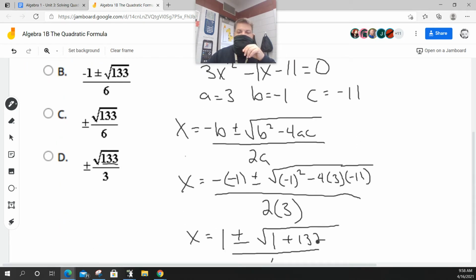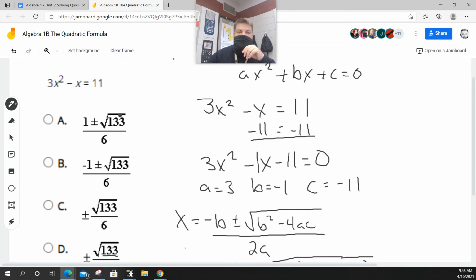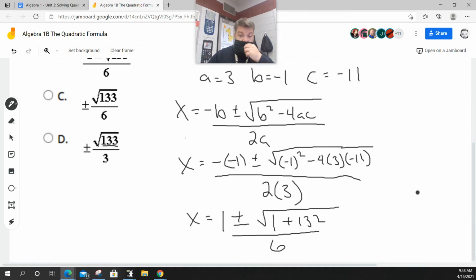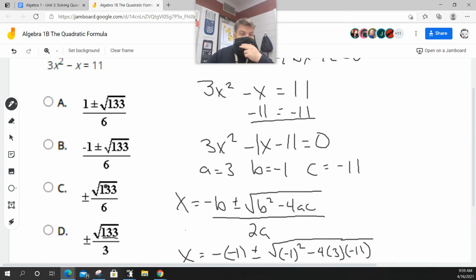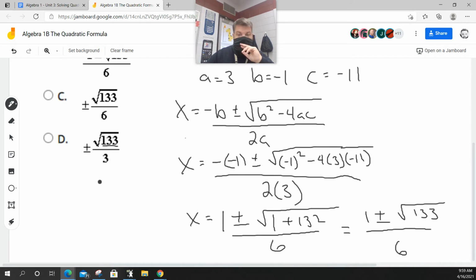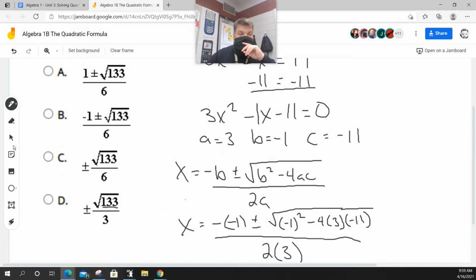In other words, this is going to add up to 133 because all of my options are the square root of 133. Now, I think 133 is actually a prime number. I could be wrong, but I don't think there's definitely a square coming out of it. All over 6. So I think that our final answer is this, which would be A.